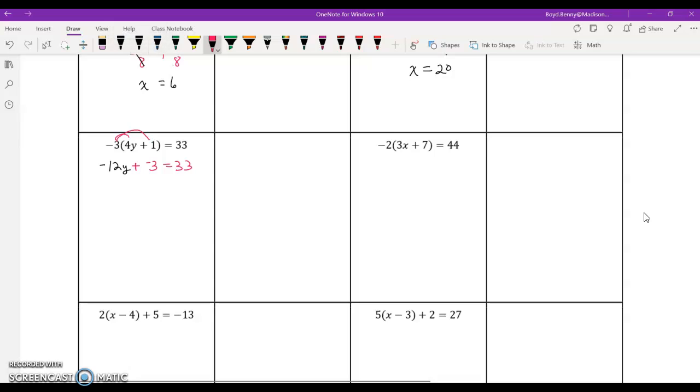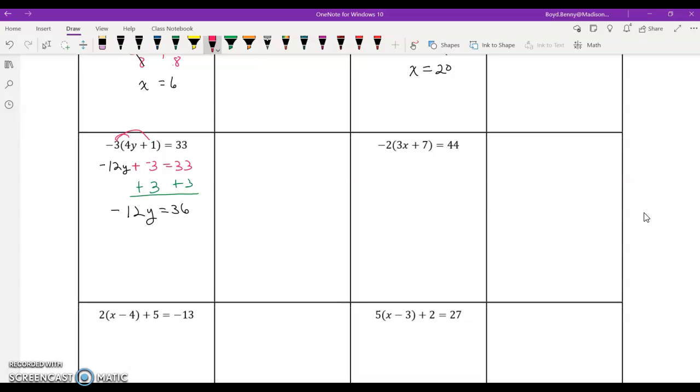Okay, so let's see, what should I do next? Well, I want to work backwards through the order of operations, so I need to undo this addition part here. So the inverse of adding negative 3 would be to add positive 3 to both sides. And when I do that, I get negative 12y equals 36.